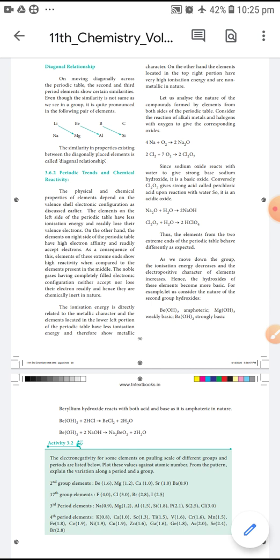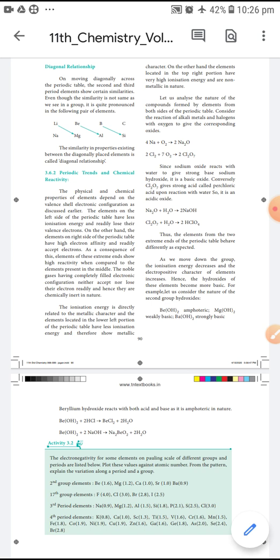Ionization energy is directly related to metallic character, and the elements located at the lower left portion of the periodic table have less ionization energy. So, metallic character. The elements located at the top right portion have very high ionization energy and are non-metallic in nature.